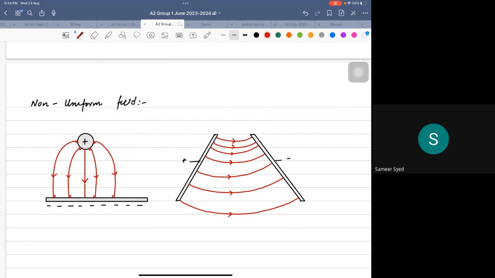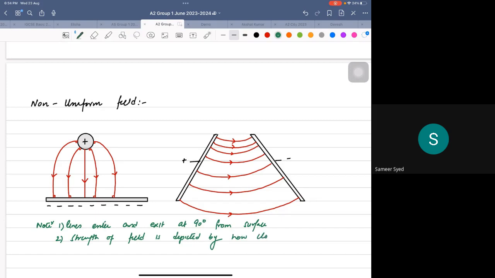So now we will learn two things. Number one, you write a note here. Lines enter and exit at 90 degrees from surface. Number two, strength of field is depicted by how close the lines are to each other.